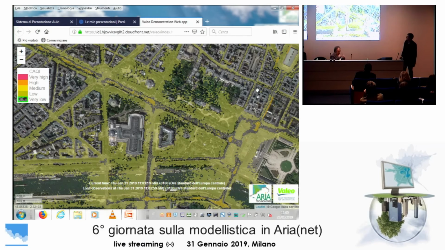Today we are quite lucky because it seems like the air quality is quite nice. So we have a lot of holes in the map, which is good, but not very good for an explanation. Okay, so that was the live system we designed for the Paris Motor Show.